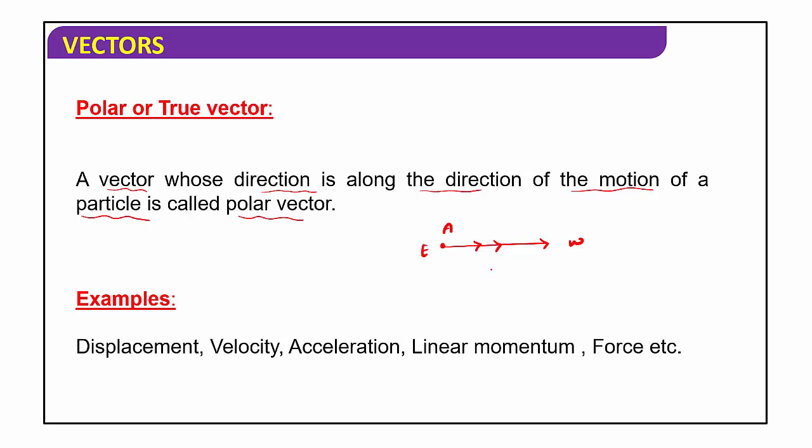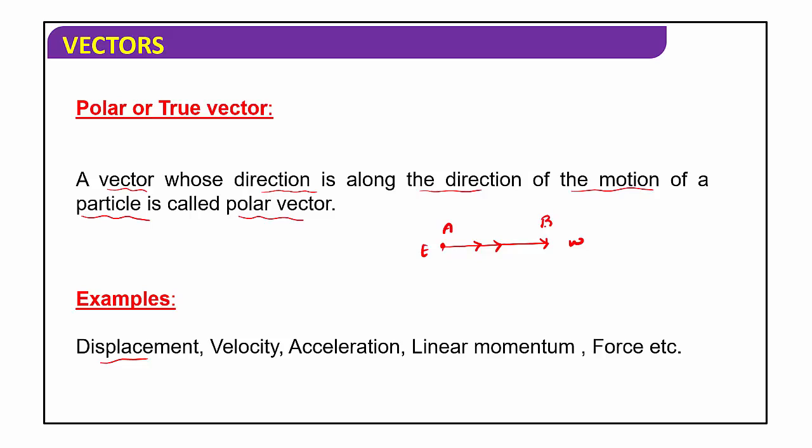Yes, what is a polar vector? A vector whose direction is along the direction of motion of a particle. That gives a polar vector, or it is also called a true vector. For example, displacement. What is displacement? The shortest distance between any 2 points.